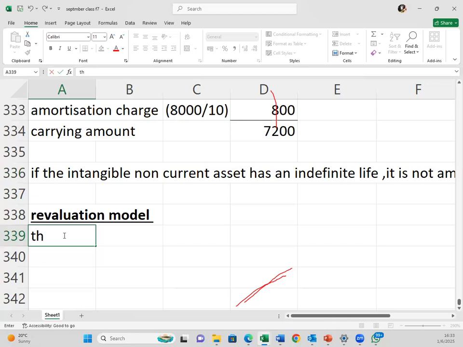The intangible non-current asset is revalued to fair value.